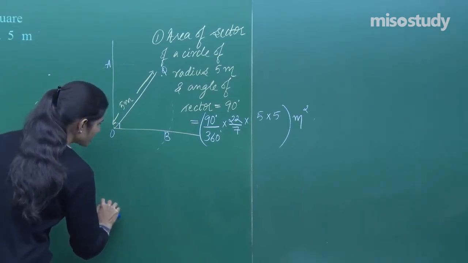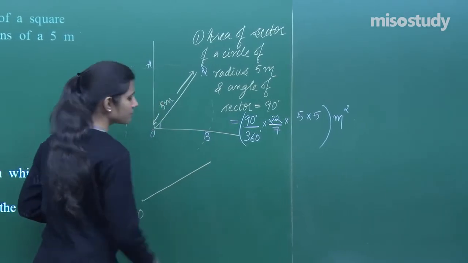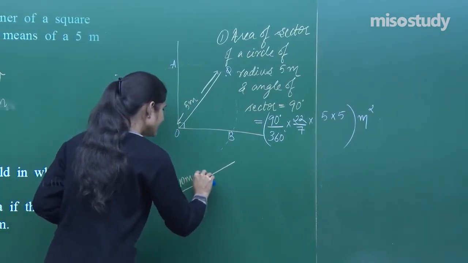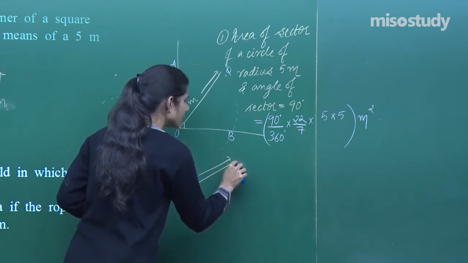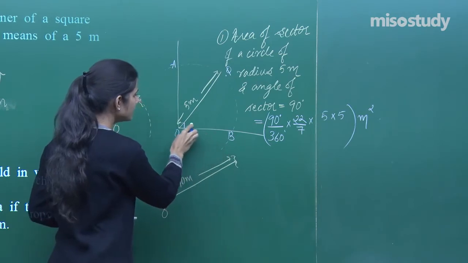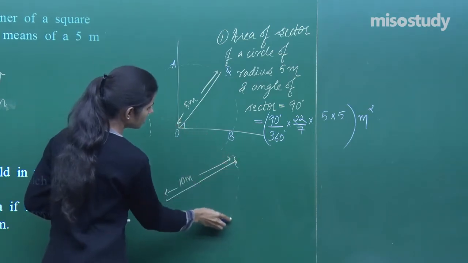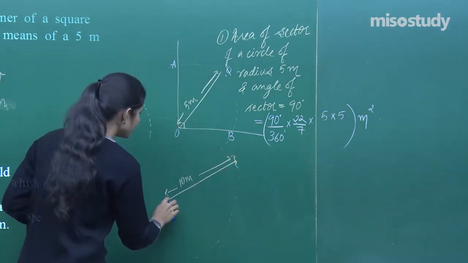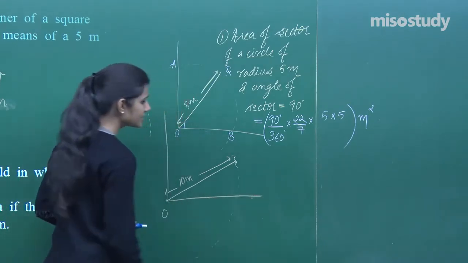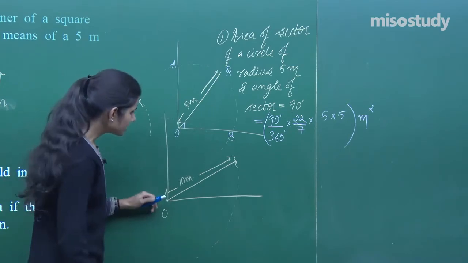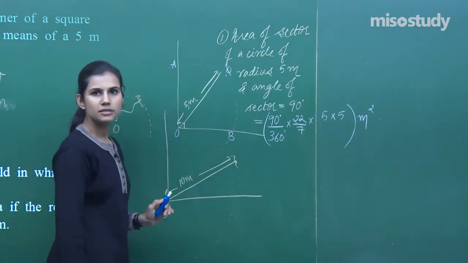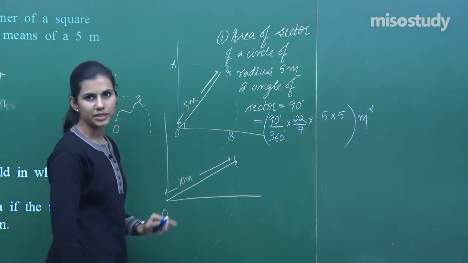At the max, what the horse can do, it can stretch that rope to its max. In that case, the moment 10 meters length is done, this is where the horse is, right? So it can now graze in again a quadrant only, but this time in a quadrant of a circle of radius 10 meters. Instead of 5, 10 meters.